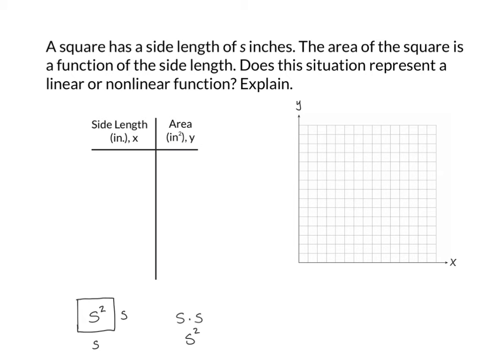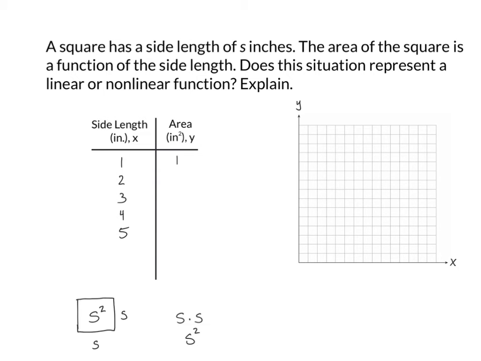Okay, so let's do some guess and check, and let's figure out if this is a linear or nonlinear function using a table. So if I have a side length of 1, 2, 3, 4, and 5, what would the area of each of those squares be? So for a side length of 1, the area of the square would be 1 times 1, or 1 squared, which is 1.